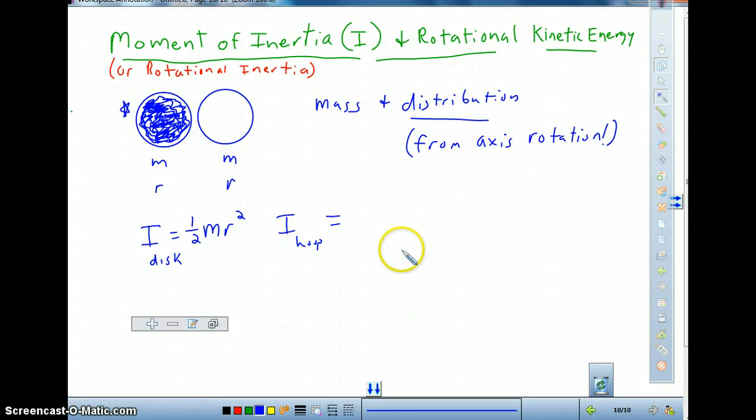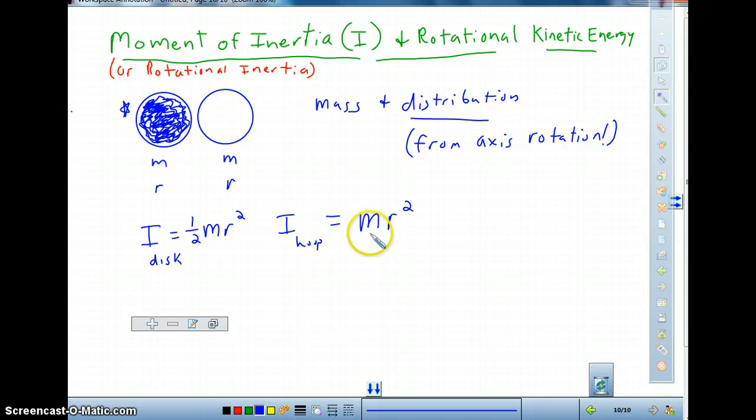Whereas the formula for the hoop is just I equals mr squared. So from a mathematical standpoint, the moment of inertia for the disk is half as much as that of the hoop.